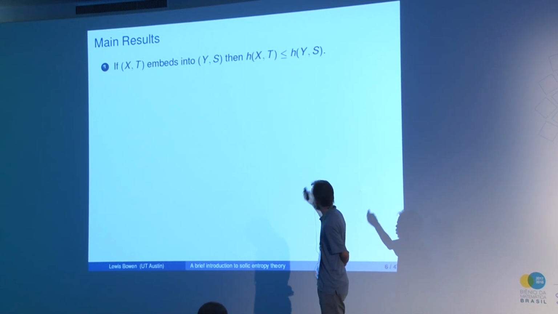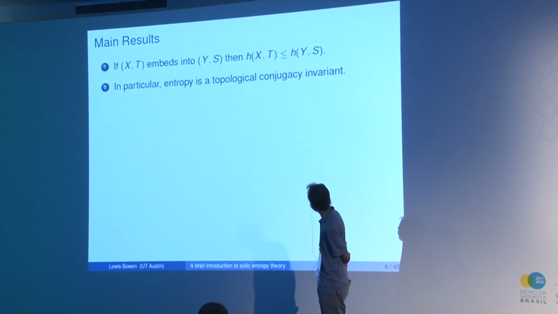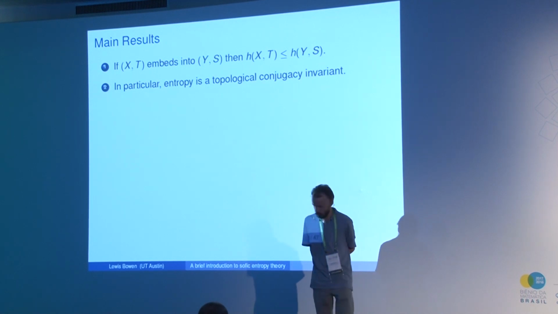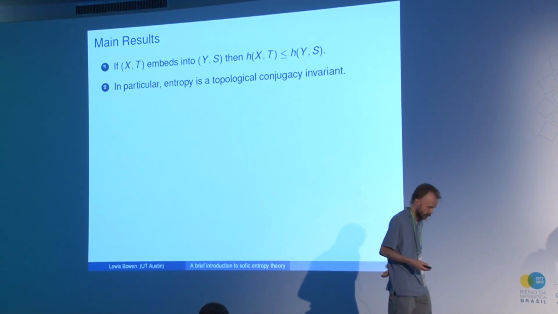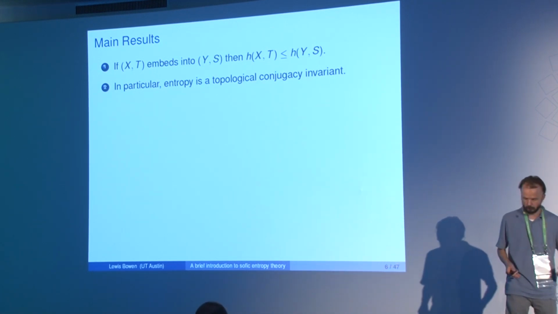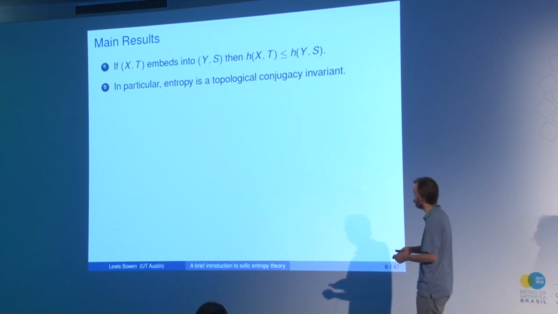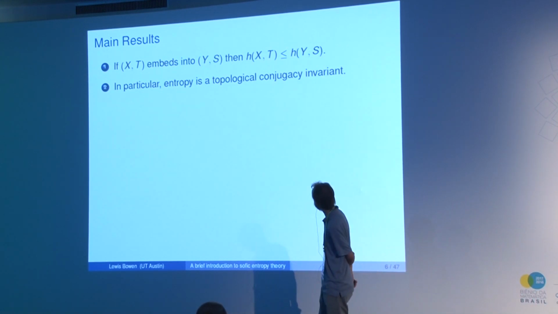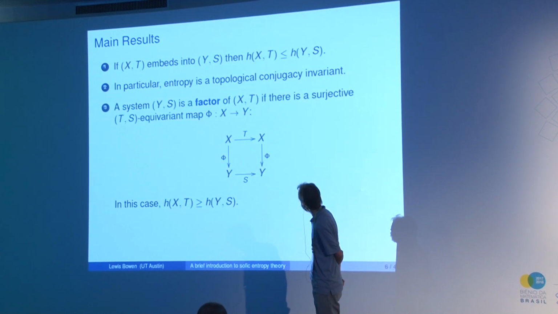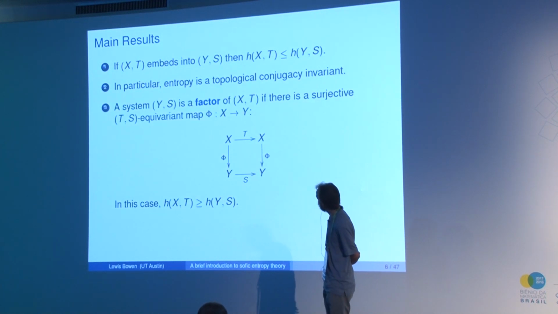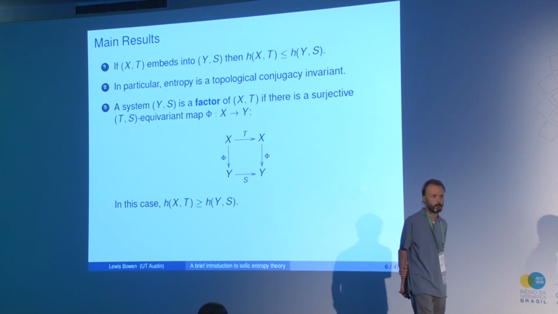And that's an easy exercise. In particular, entropy doesn't depend on the choice of metric because any two metrics will be uniformly equivalent. And so it's a topological conjugacy invariant.